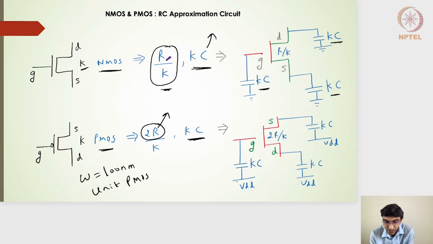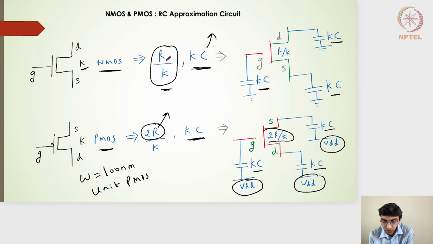Note that the body is at a higher potential than the gate, so the body is connected to the VDD terminal. That's what I have written here. The capacitances are scaled up by k times, kC, kC and kC, and the switching resistance is 2R by k.